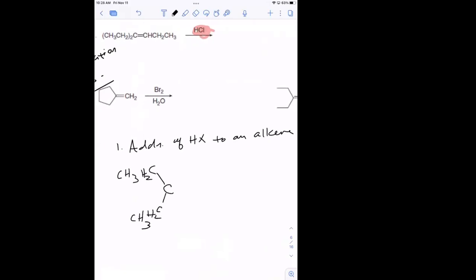Condensed versus Lewis versus skeletal. So that would be the condensed form that's written above. And then a double bond is here. And then this is another carbon. This is H. And this is H2, CH3. Make sure you get that down. I want everybody to have it before I move on and do something else.